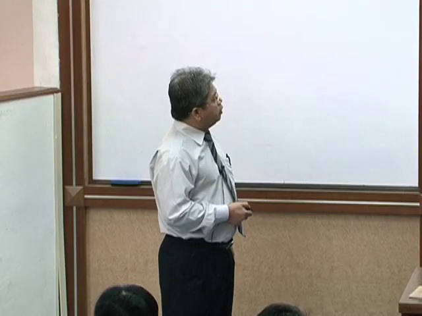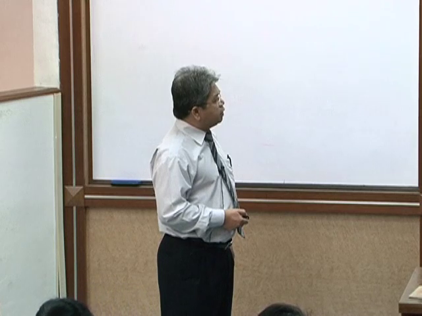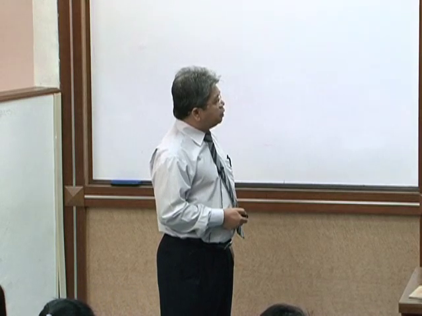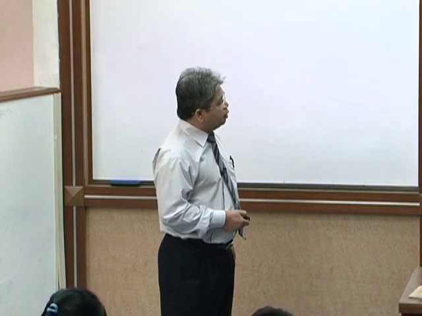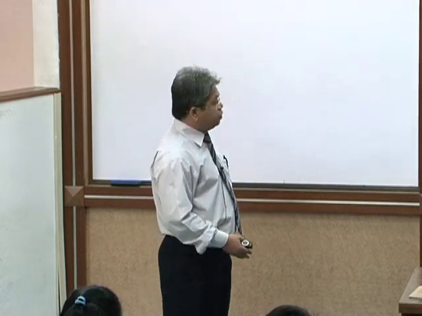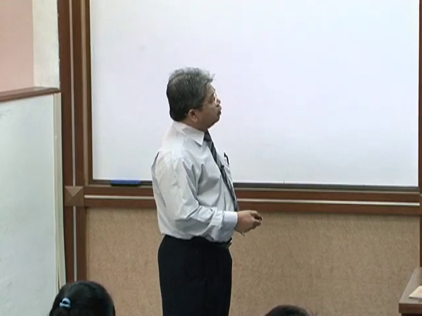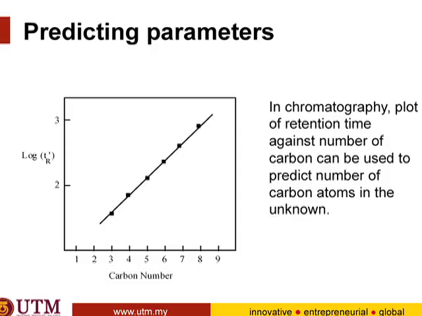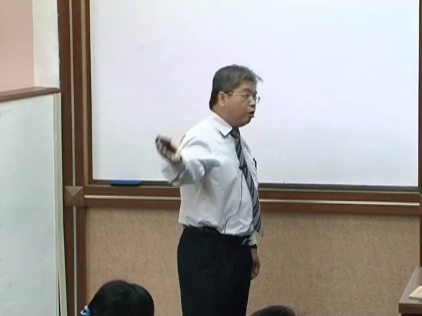And we plot the retention time of these alkanes against the number of carbons in the structure. And we can get a straight line relationship like this, provided that we use log retention time. And then we can use this plot to predict the number of carbons in the unknown compound.